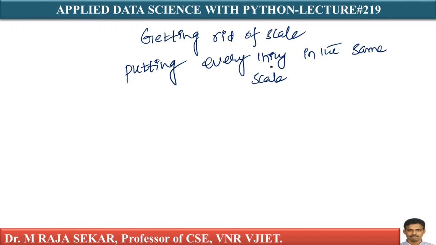So scale actually can create a problem when we learn about regression and when we learn about classification techniques. We will understand why this is extremely important by having your variables in different scales.